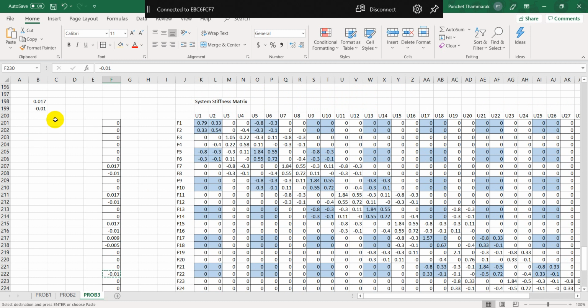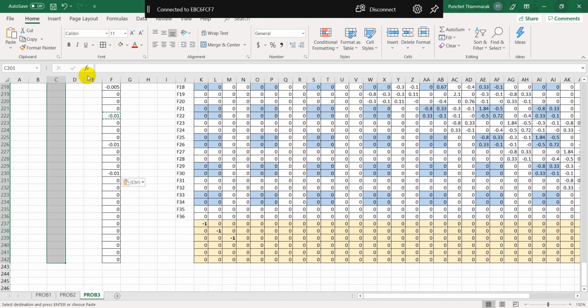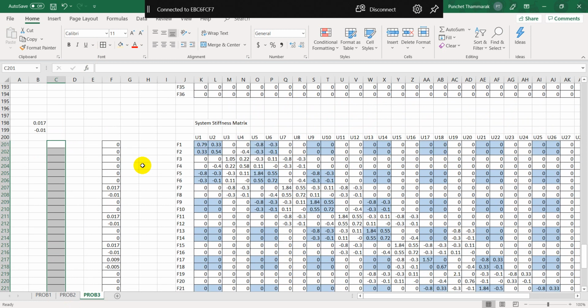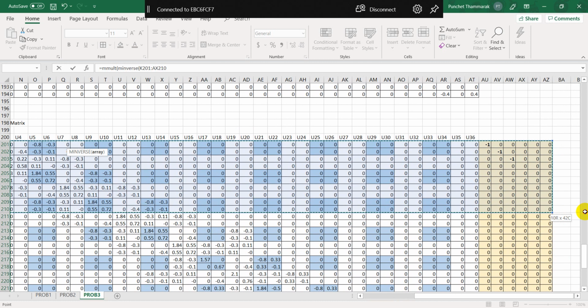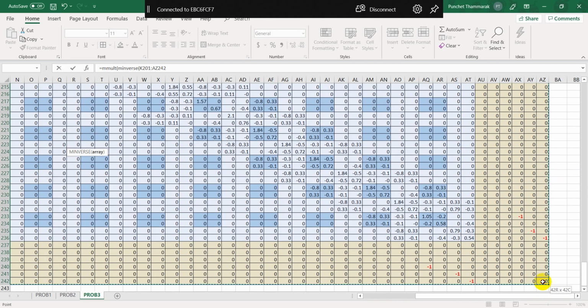We will find the solution. MMULT of the inverse matrix for this one.